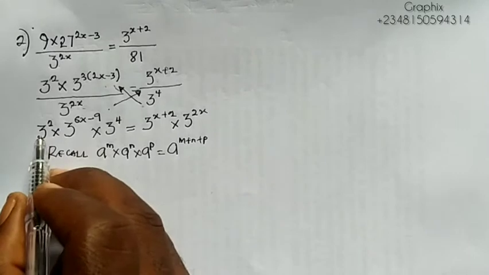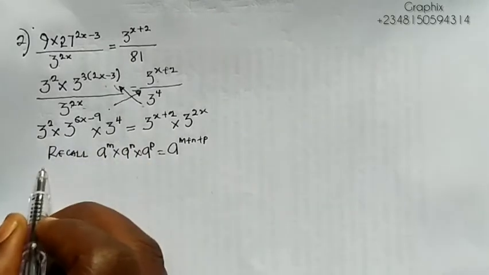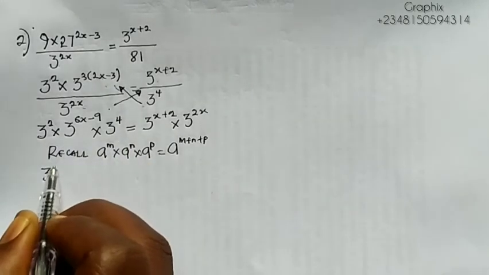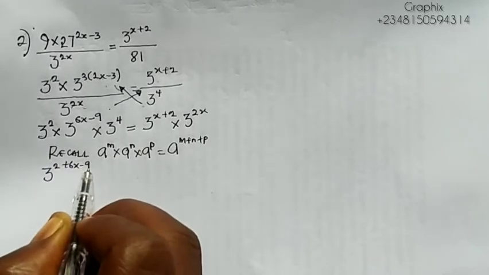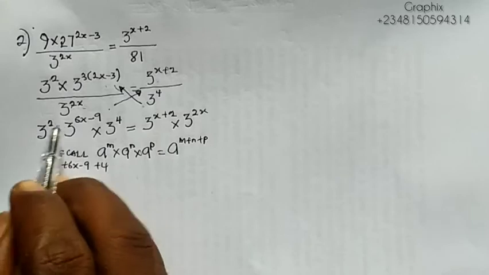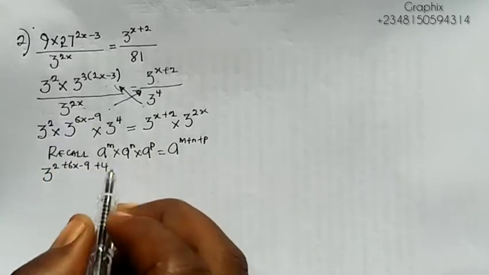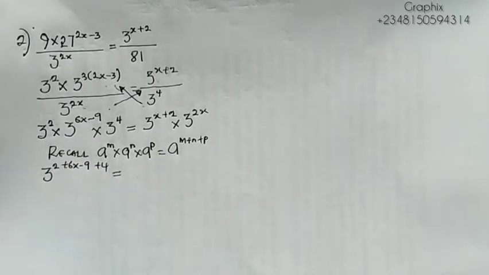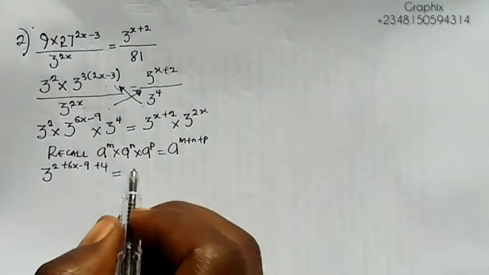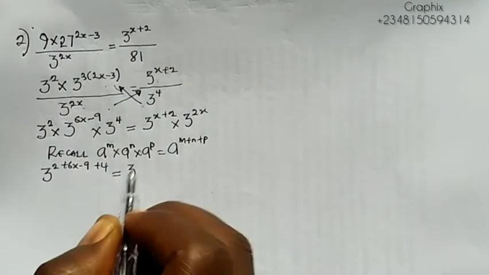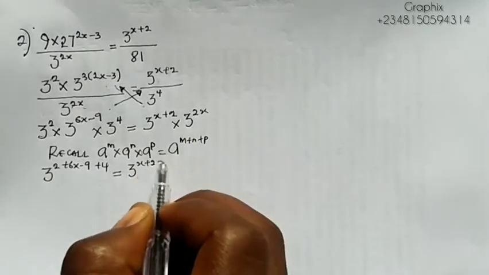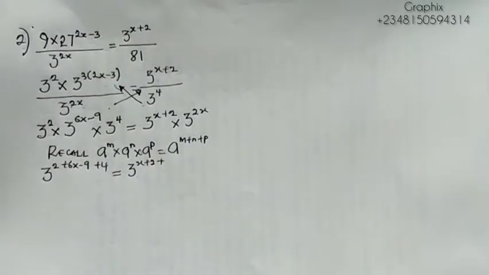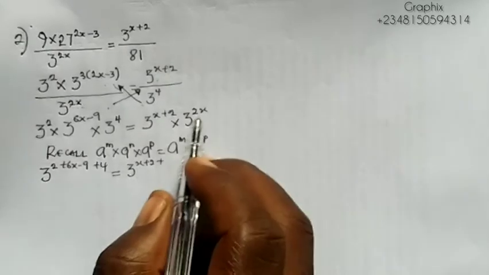So since all the bases are the same, I'll be having 3 to the power of 2 plus 6x minus 9 plus 4. So I add 2 plus this, equals 3 to the power of x plus 2 plus 2x.